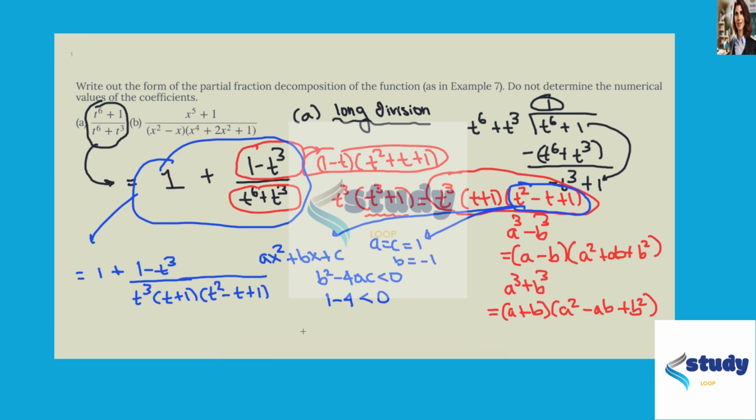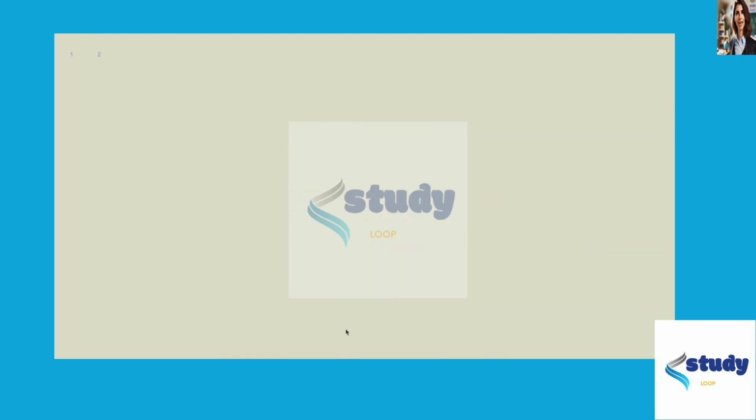I'm running out of room here. Let me go on to the next page. Let me rewrite what I had. We had t cubed, t plus 1, t squared minus t plus 1. So that was after we factored the denominator.